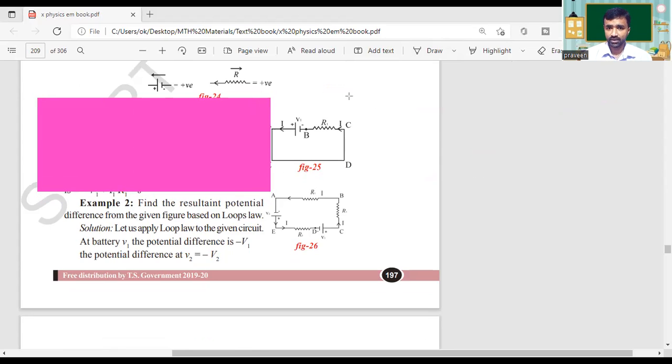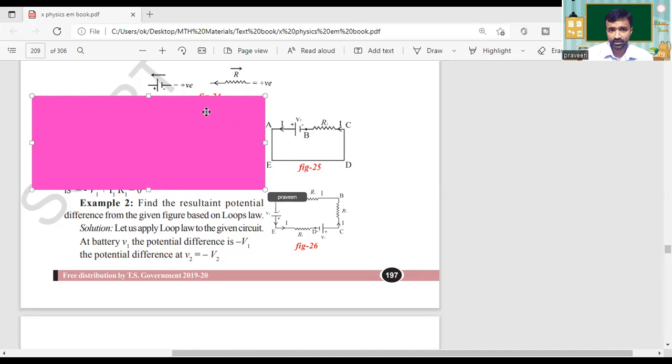Next, if you follow the path in this circuit, suppose I start at A. From A, you can go in any direction. Suppose I move in clockwise direction: A towards B, B to C, C to D, D to E, then finally reaching point A. See here, the starting point and ending point are the same.